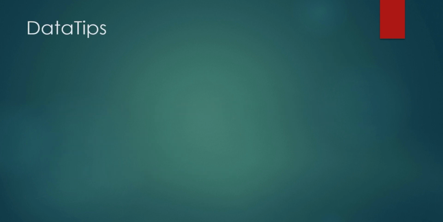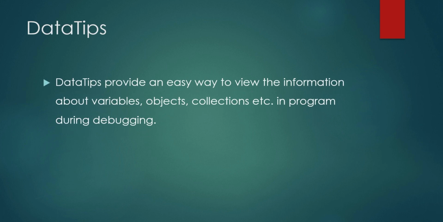So first of all, we will see what is data tip. DataTip basically provides you a way to view the information about your variables, objects, collections, or whatever is there. You can inspect those values in your program, but during debugging only. So remember this thing. This feature is available during debugging.